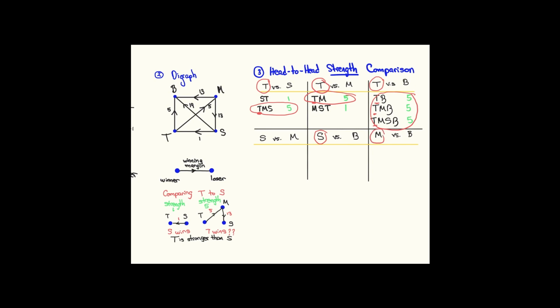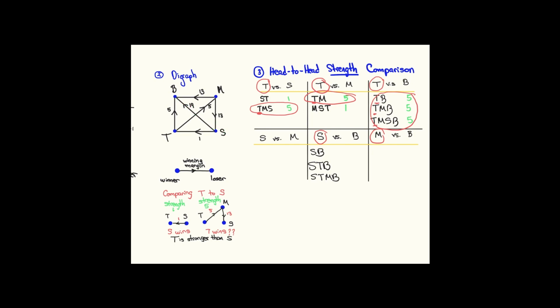In any case, for practice, we'll look for all the paths that go from S to B. We have SB already here. We also have S to T to B, STB. And we also have S to T to M to B, STMB. We compute the strengths.